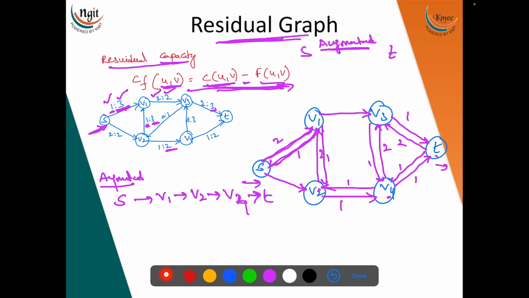Please make a note. S to V1 residual capacity 2. V1 to V2 residual capacity 2. V2 to V4 residual capacity 1. V4 to T residual capacity 2.